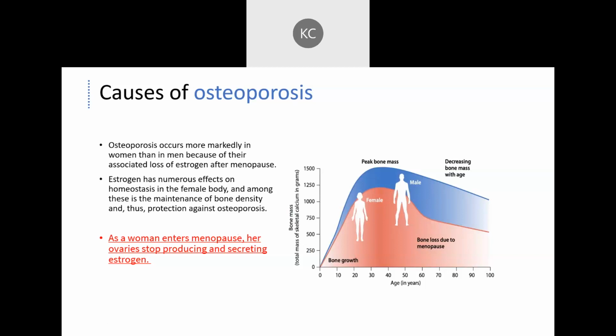Males don't have those same hormones acting in the same way. Men still have many of the same hormones, but they're not acting in the same way, and so their bone mass typically declines as they age, but not to the extent that it occurs in women.